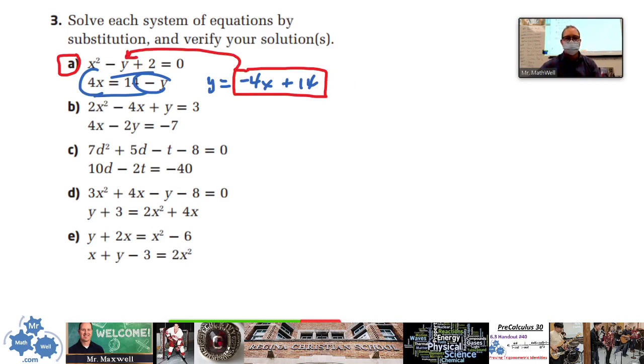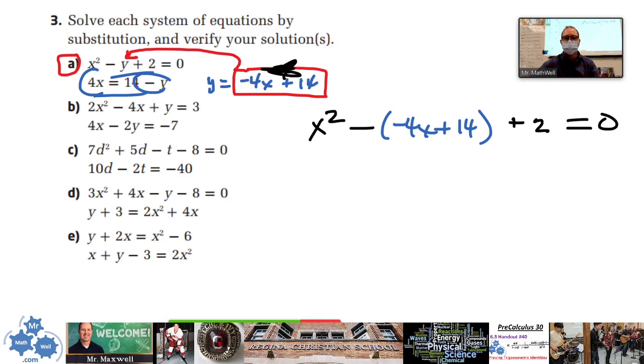I'm going to make one equation: x squared minus, here's the y, (negative 4x plus 14) plus 2 equals 0. So I've plugged this part right here into the first equation right here. Keep all the signs the same and everything.